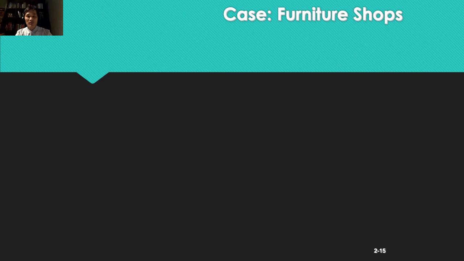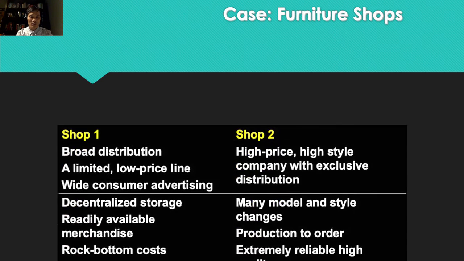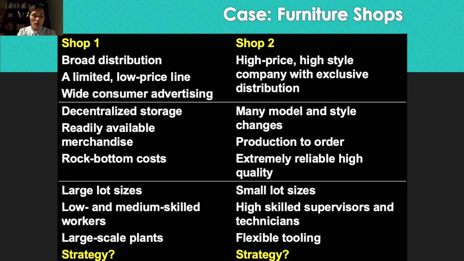Here is an example of two different operation strategies. Look at Shop 1. It's using a broad distribution, a limited line, low price, and wide consumer advertising, decentralized storage, readily available merchandise, rock bottom cost, large lot size, low and medium skilled workers, and large scale plants.